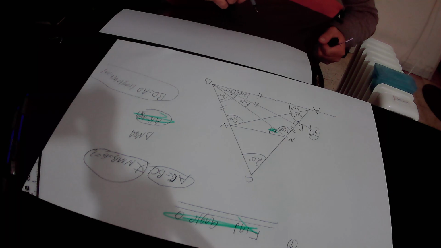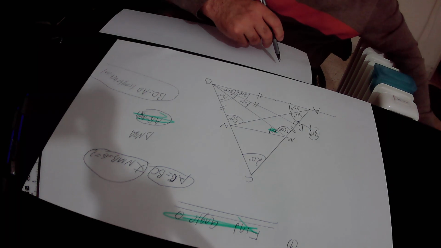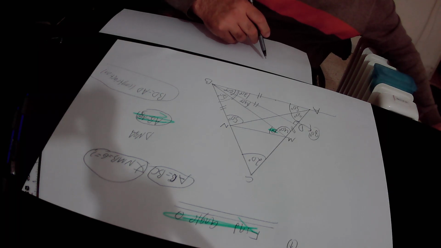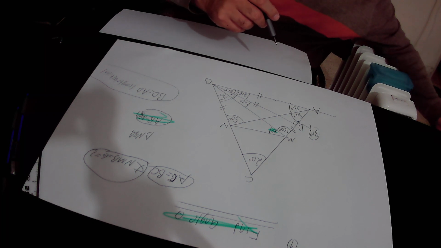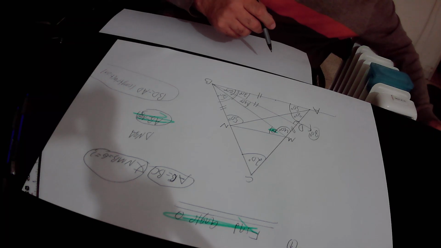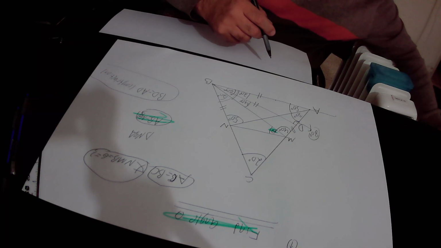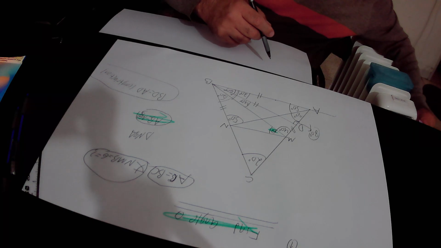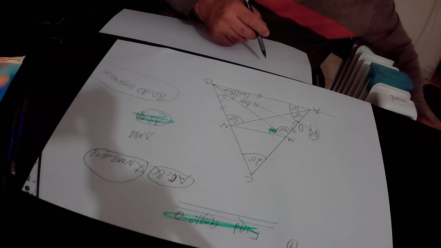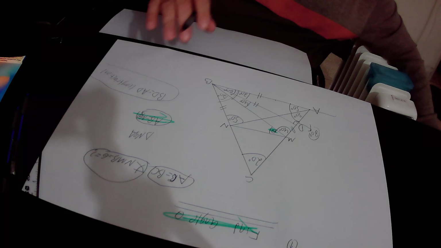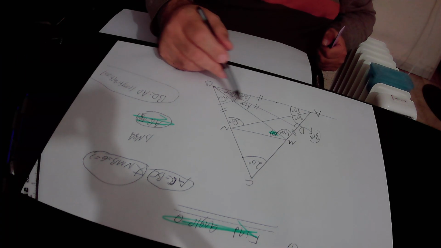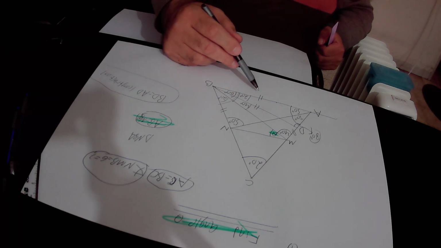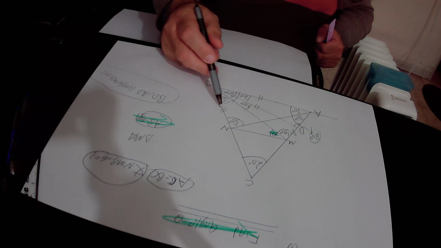So actually DM equals DB from one side, but we have already found out that those two sides, that is sides in two lines here, they are equal to each other.